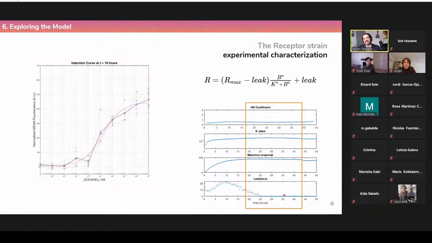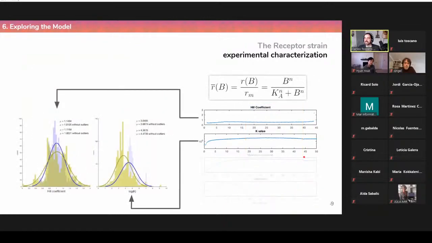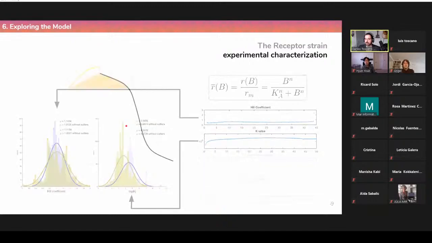You can see that leakiness is almost 0 in this case, and the maximum response is going to be normalized. So at the end, we only care about the Hill coefficient and K value because we're going to be working with it normalized. And these experiments were very reproducible, and we could have good measurements of our receptor strain, of our parameters.